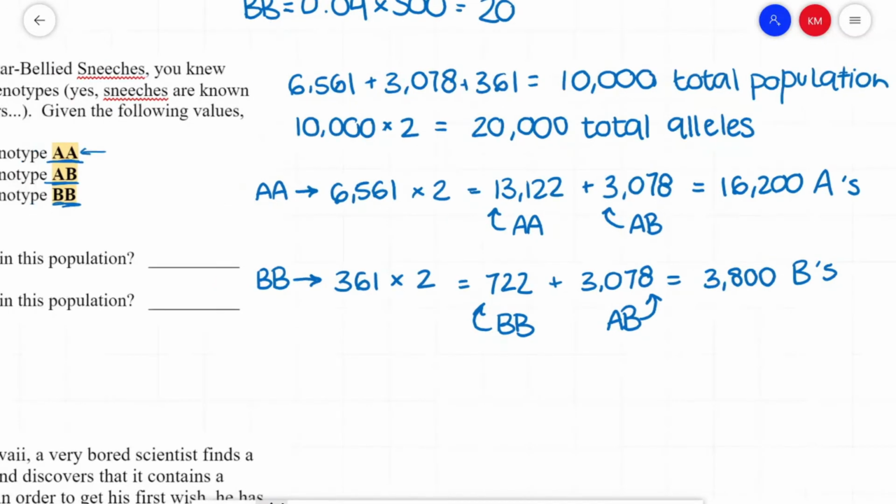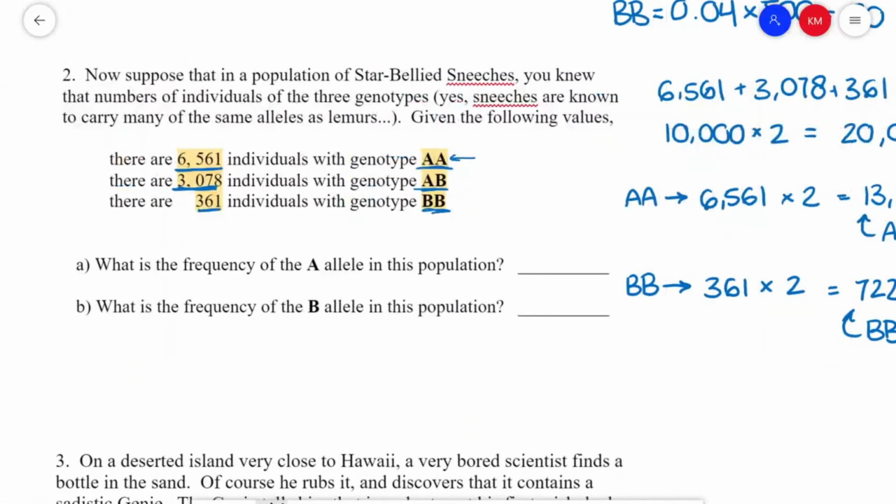So, 16,200 divided by 20,000, because remember that we calculated earlier that there's 10,000 individuals in the population. Each one of those individuals has 2 alleles, so our total allele count is 20,000. So this is the A frequency.